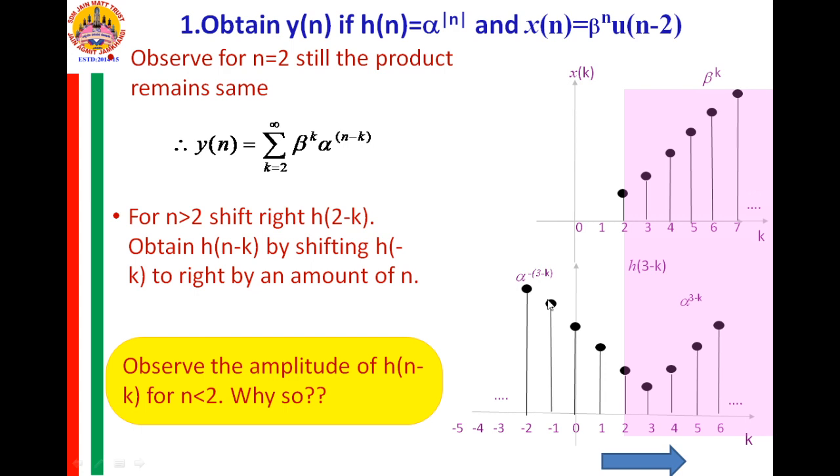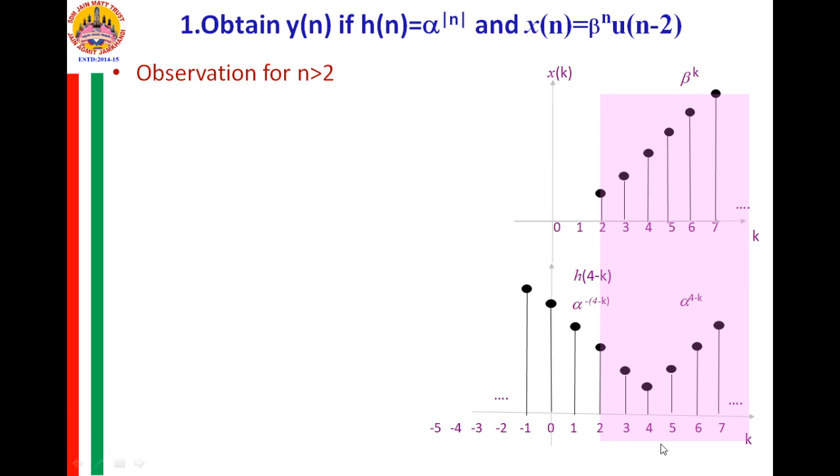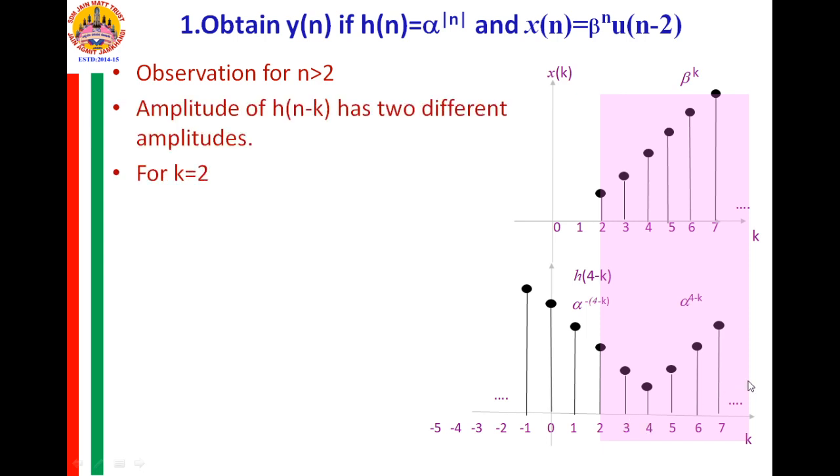You observe that the amplitude of this h of n minus k from minus infinity to 2 is alpha raised to minus 3 minus k, and then from 3 onwards it is alpha raised to 3 minus k. Similarly, if one more time I shift, that is for h of 4 minus k, you will observe that the amplitude of this h of 4 minus k is alpha raised to minus 4 minus k up to 3, and then for 4 onwards it is alpha raised to 4 minus k.